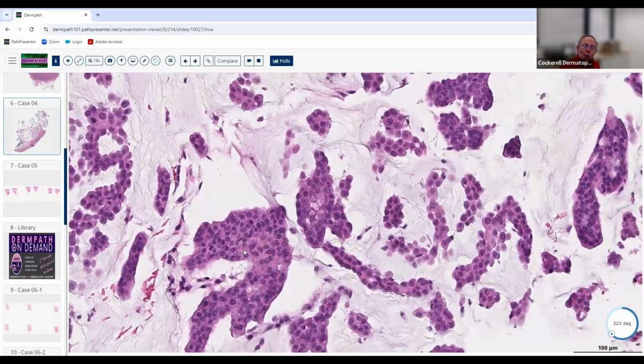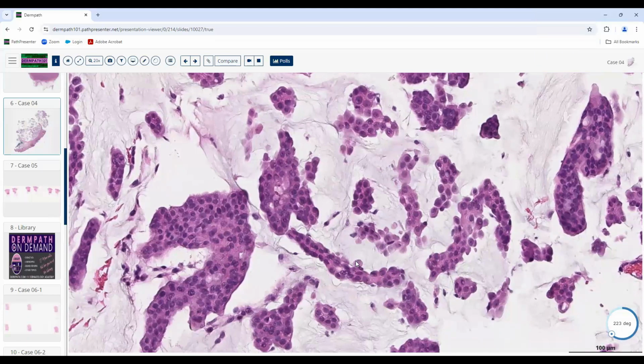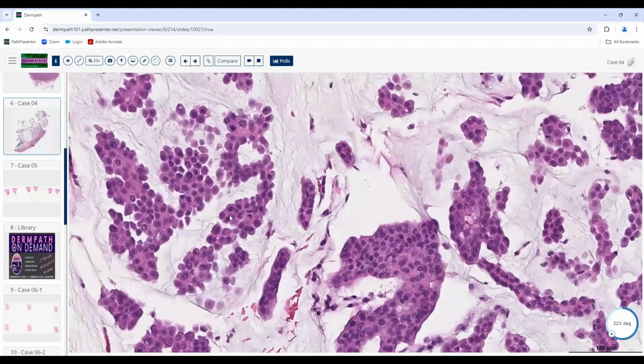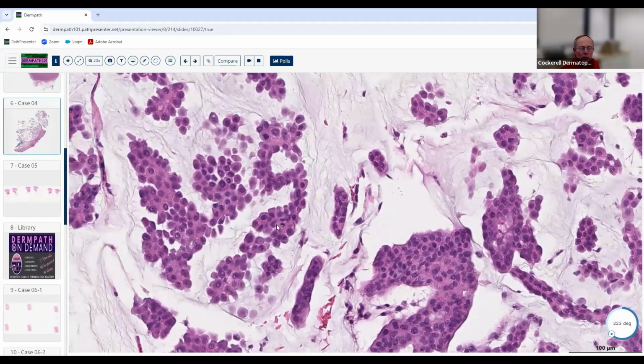Can you tell about the differentiation of these cells? This is somewhat of a slightly controversial issue in dermatopathology, but do you see these cells almost look like they're getting a little bit of apocrine decapitation secretion here?